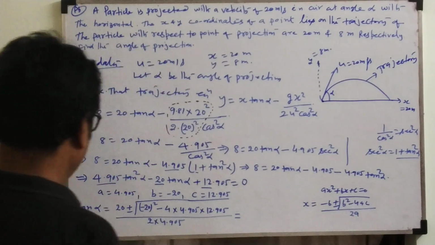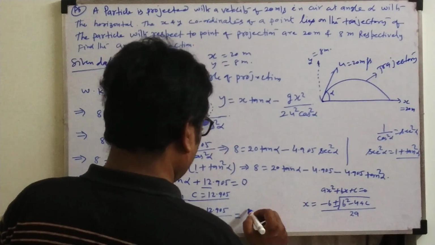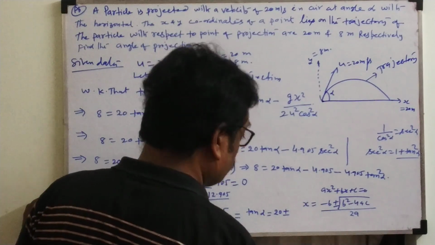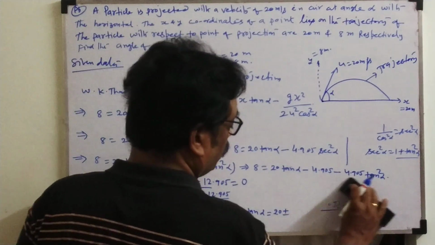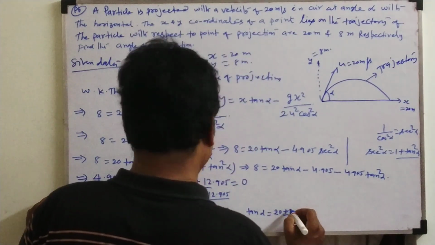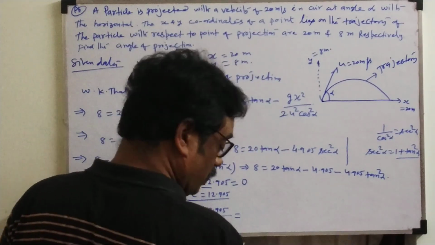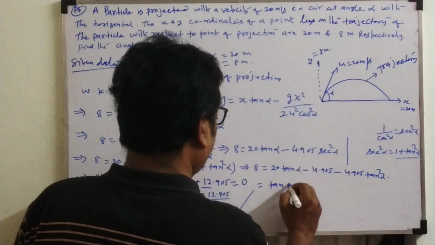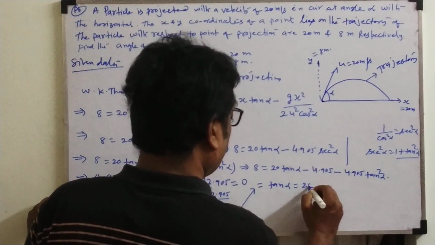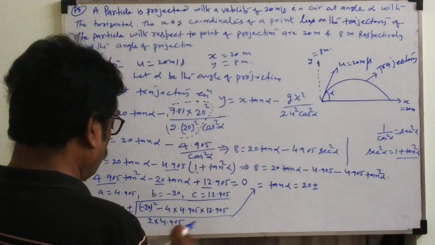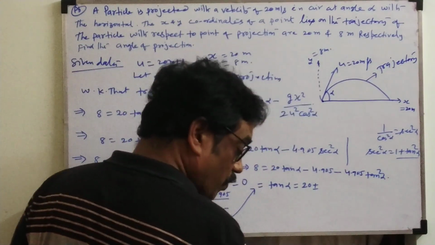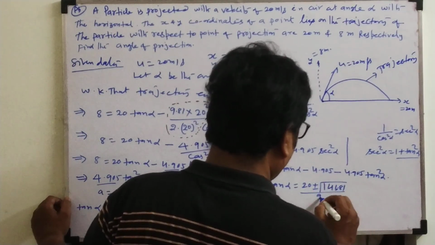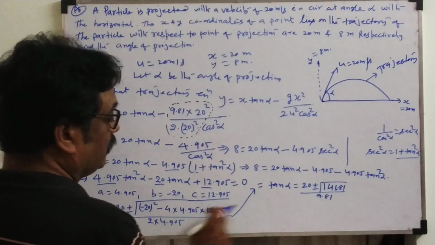So if we solve this, what will tanα be equal to? tanα is equal to 20 plus or minus, this already we showed you. So from the top, fully solving this, it is coming 146.81, root under 146.81, divided by 9.81, since 2 into 4.905 is 9.81.